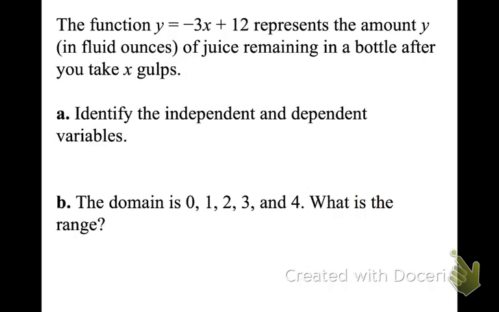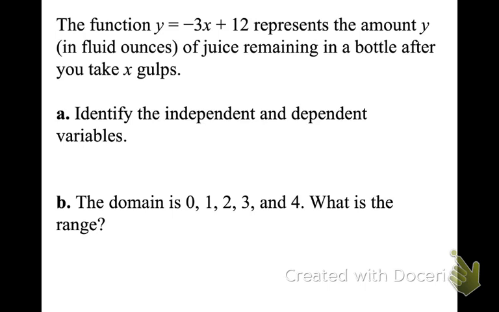All right, so now the last part of our lesson. They give us an equation and they created a dependent relationship. It represents the amount Y in fluid ounces of juice remaining in a bottle after X gulps. So X is gulps, Y is the juice in the bottle.